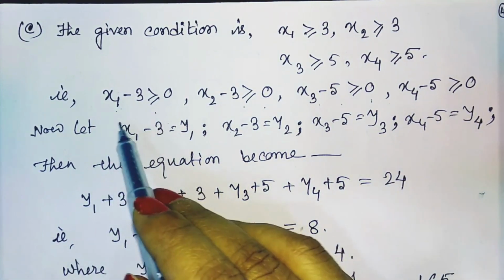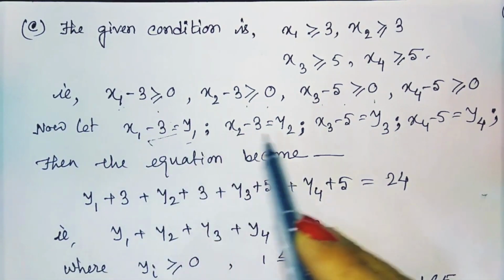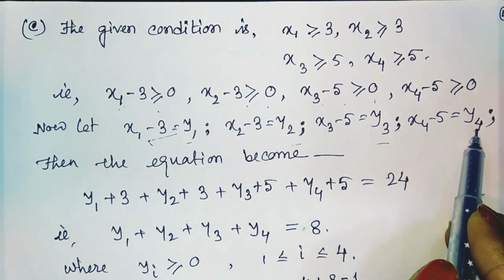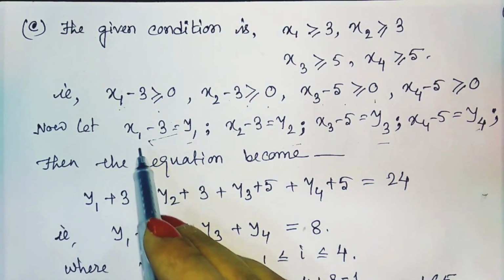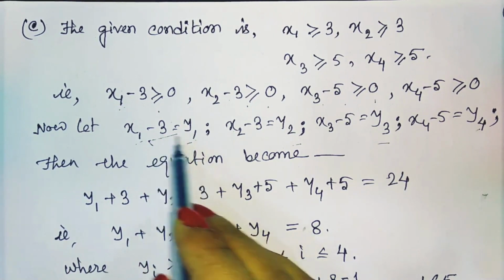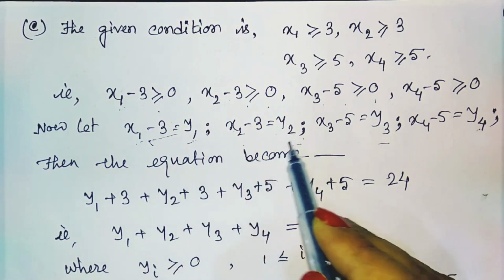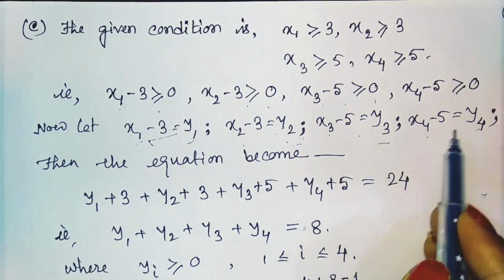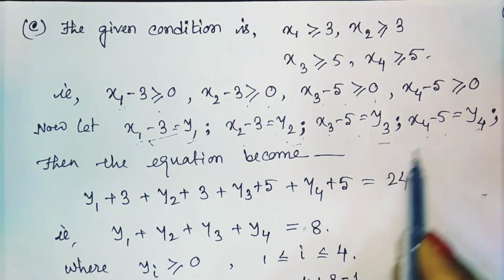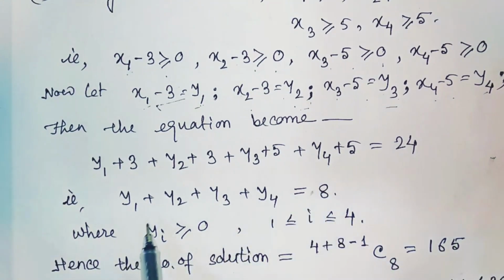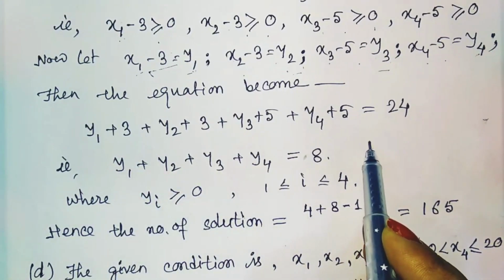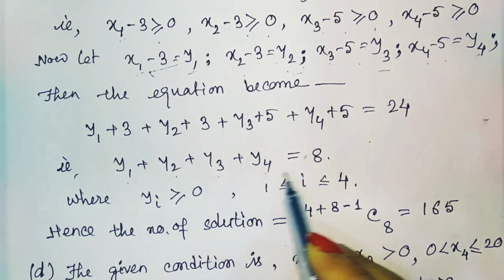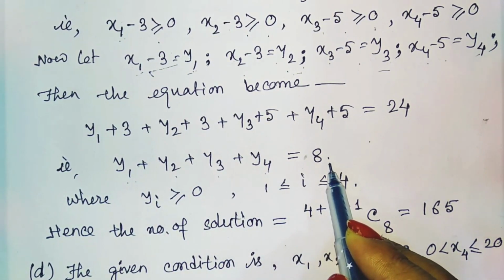Now we replace these by y1, y2, y3 and y4, so x1 is equal to y1 plus 3, x2 is equal to y2 plus 3, x3 is equal to y3 plus 5 and x4 is equal to y4 plus 5. Substituting in the given equation and simplifying, we get y1 plus y2 plus y3 plus y4 is equal to 8.